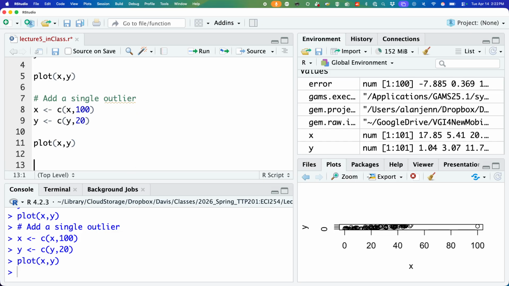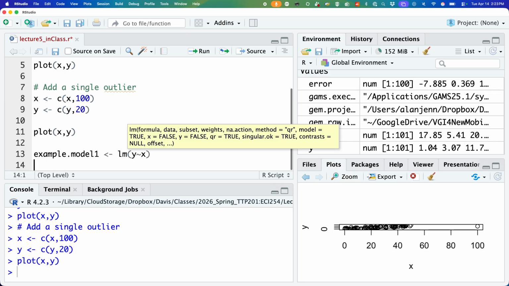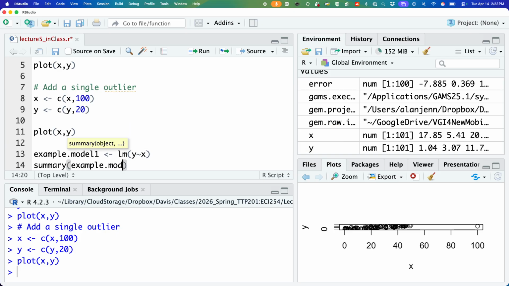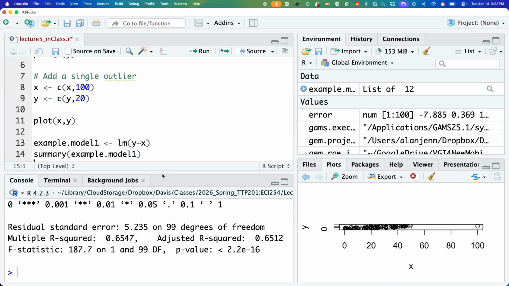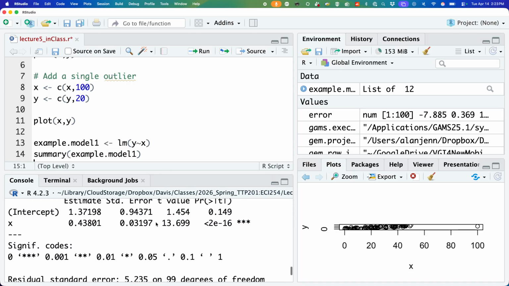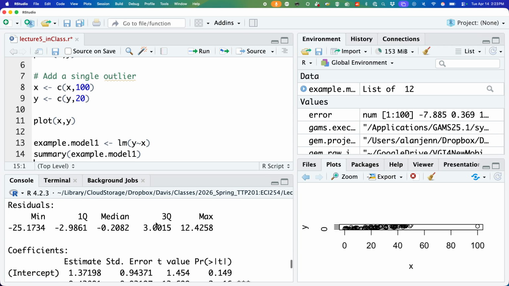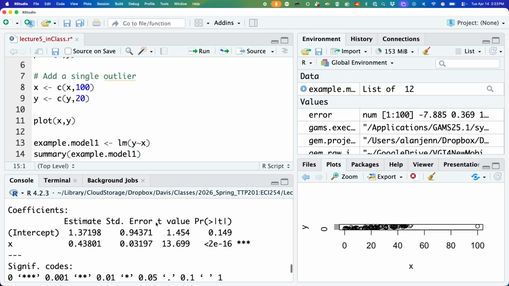And so let's first run the model and see what happens. Okay. So, a couple things going on here.